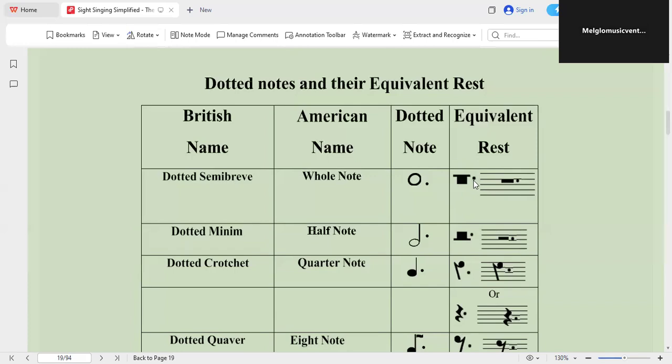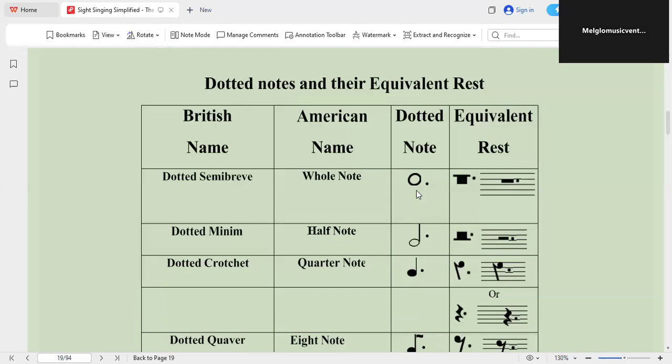So this is dotted semi-brief rest. So this is how it is represented on the staff, and that goes for other parts of the music. Dotted minim, you can see.